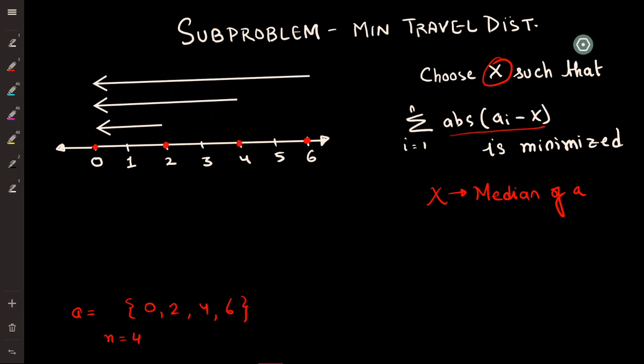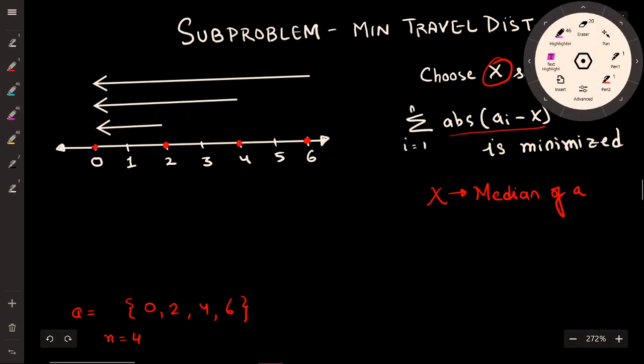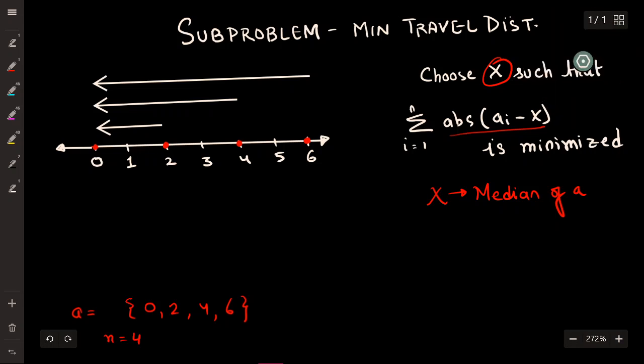I've placed the people: the first person is at 0, the second at 2, the third at 4, the fourth at 6. I've selected 4 people and placed them on these points, and if I select one point as x, let's call x1 equal to 0.